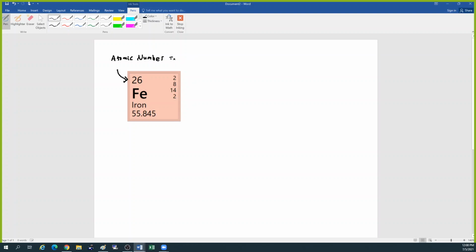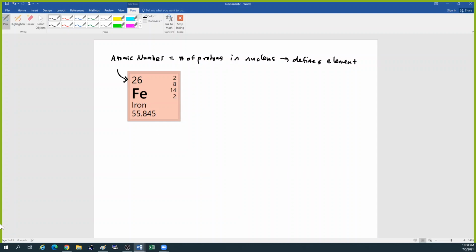It literally tells me the number of protons in the nucleus of that atom. But what's really important about that is that this is literally what defines the element. So any atom that has 26 protons, no matter what else is true, is going to be an atom of iron.